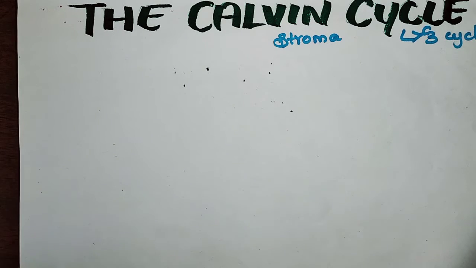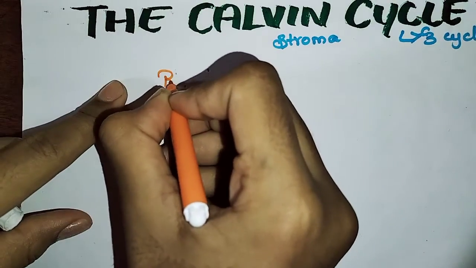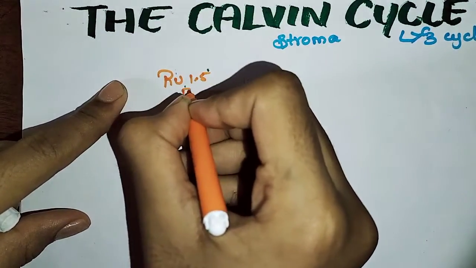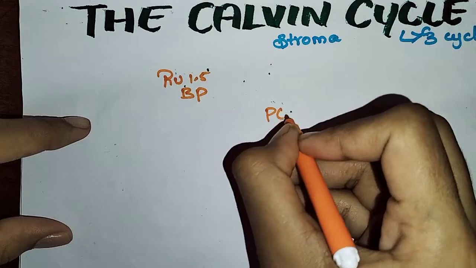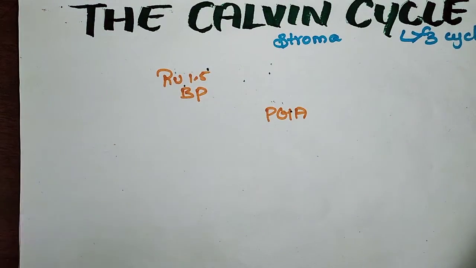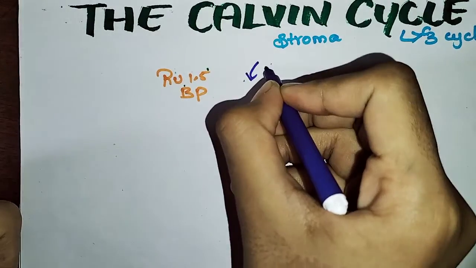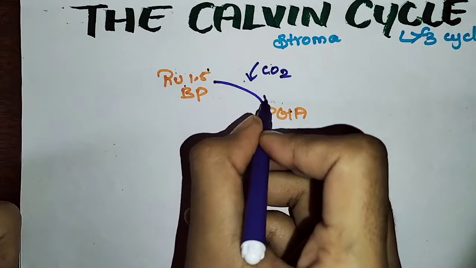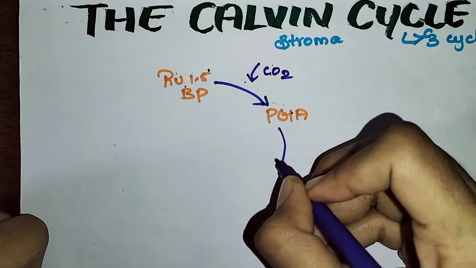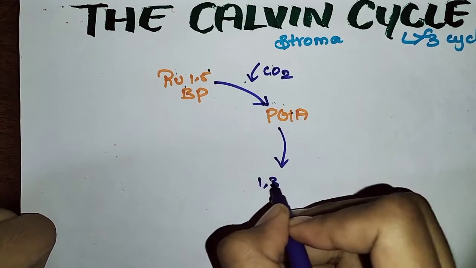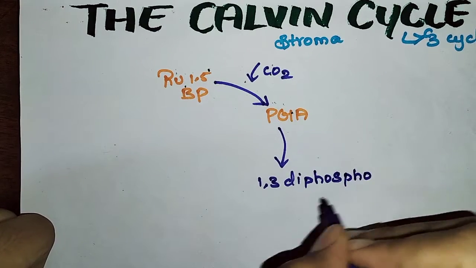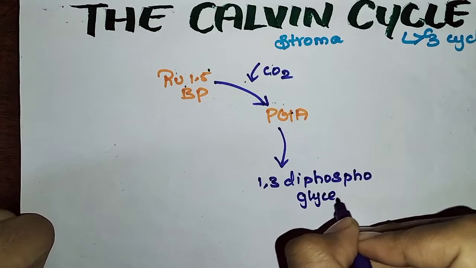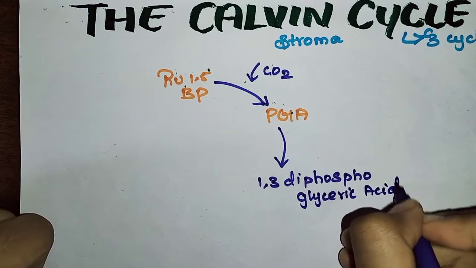See here, the first step in this Calvin cycle starts with ribulose 1,5 bisphosphate. This ribulose 1,5 bisphosphate is converted into PGA with the help of 1 carbon dioxide. Next, this PGA is converted into 1,3-diphosphoglyceric acid.